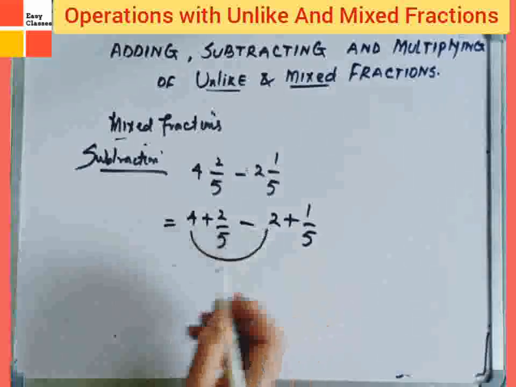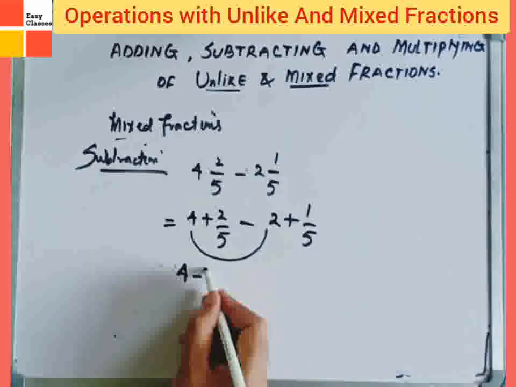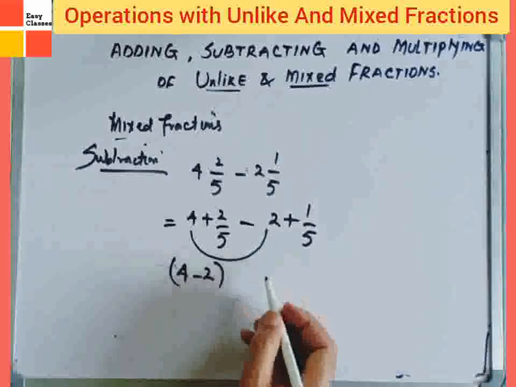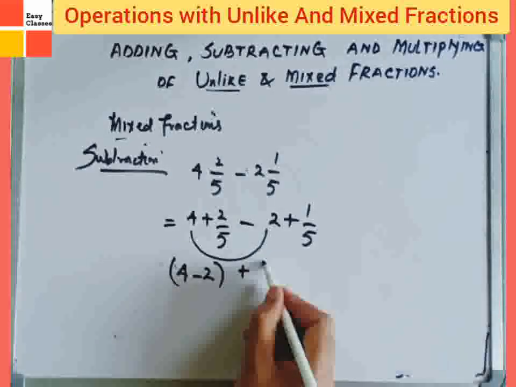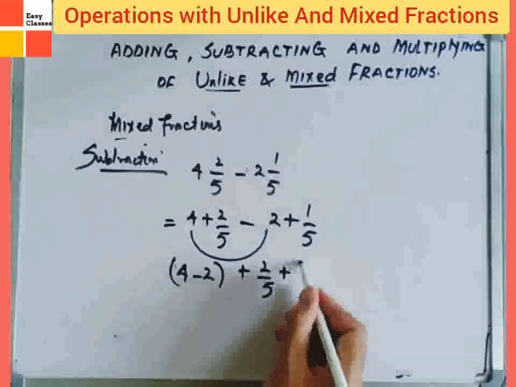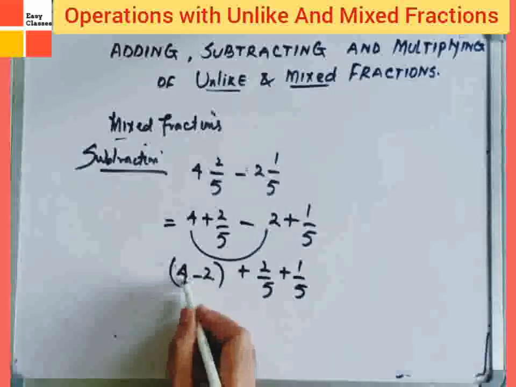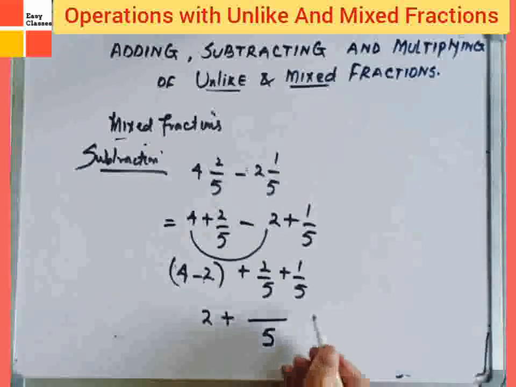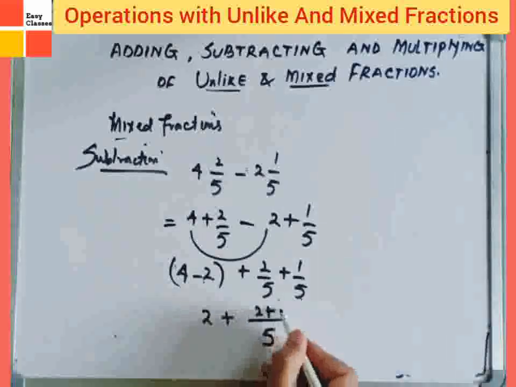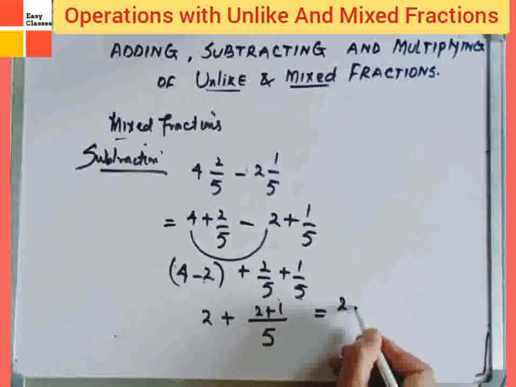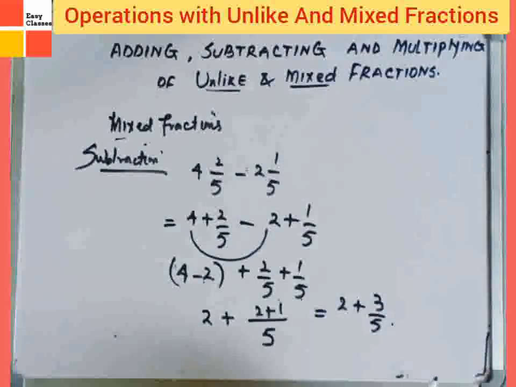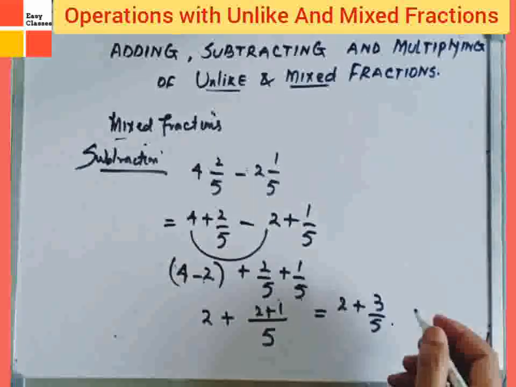Subtract these two wholes, 4 whole minus 2 whole, then plus 2 by 5 plus 1 by 5. So 4 minus 2 is equal to 2, plus then take this as a common denominator, 2 plus 1, that is equal to 2 plus 3 by 5.